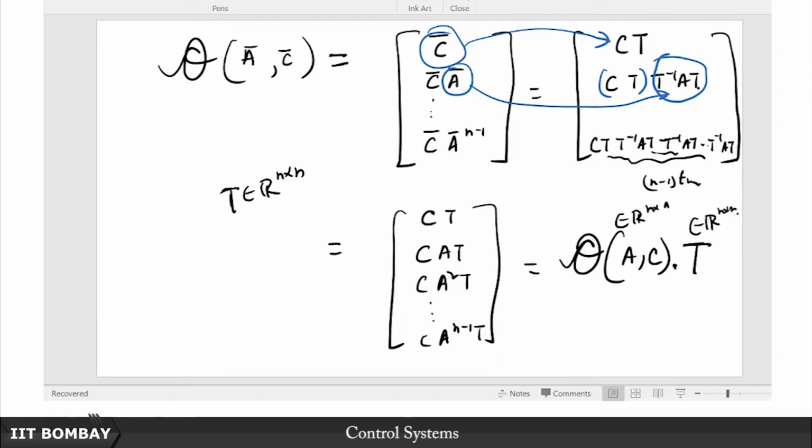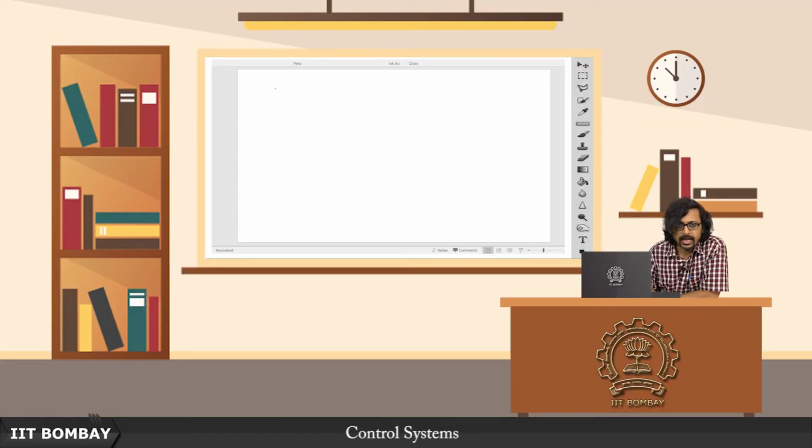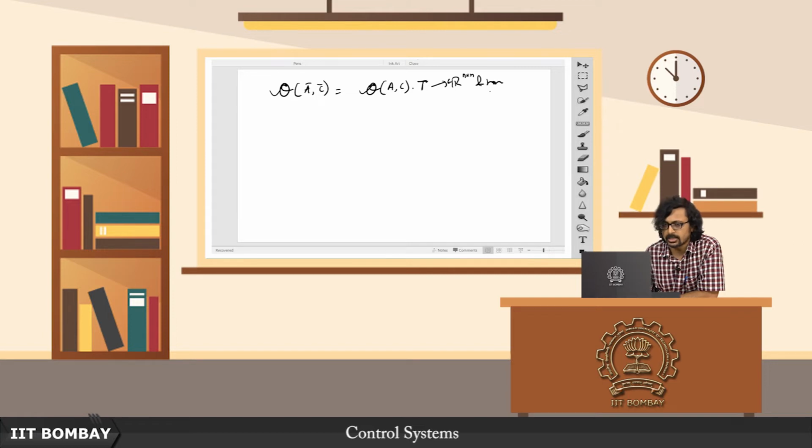So we have the observability matrix in terms of A bar, C bar given by the observability matrix of A, C times T. What do we know about T? T is n cross n and non-singular because it is a similarity transformation. Therefore the matrix using which we got this similarity transformation must be non-singular, so it must be invertible.